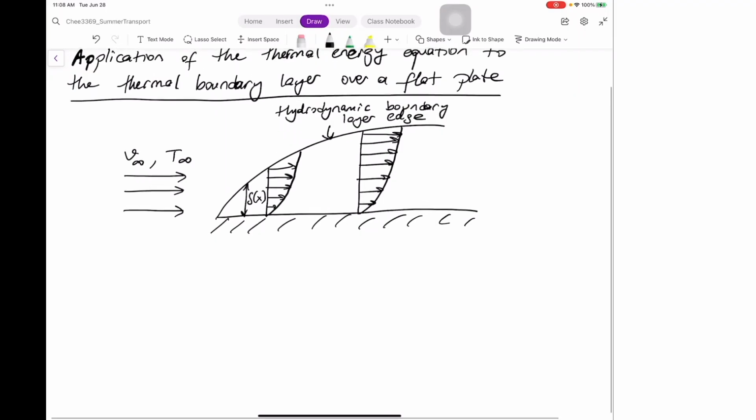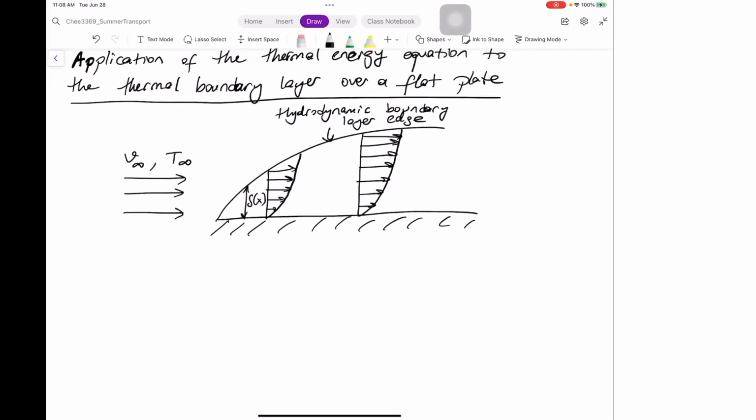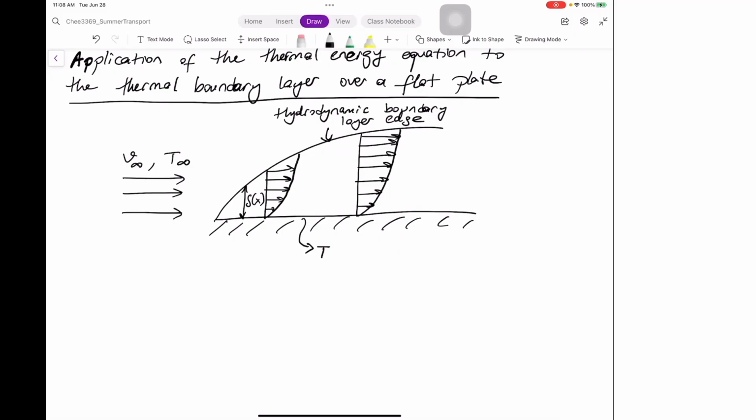And imagine that now we are going to have a look at the temperature profiles. Let's keep the plate at the temperature of T wall, and assume that T wall is much larger than T infinity, so the wall temperature is larger than the fluid temperature.